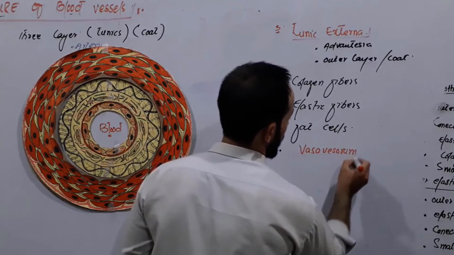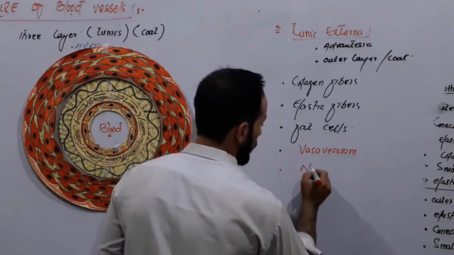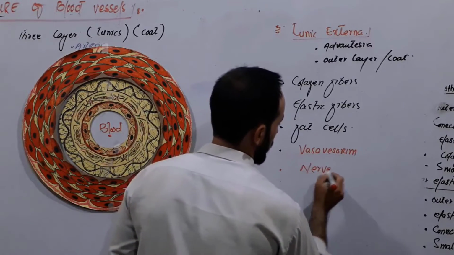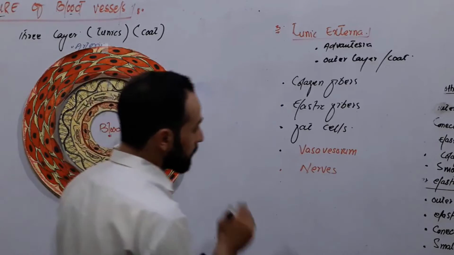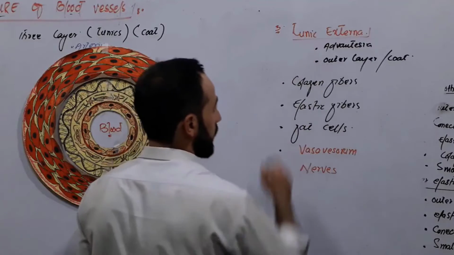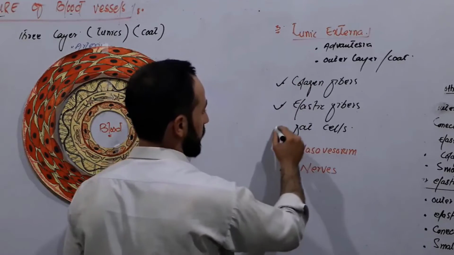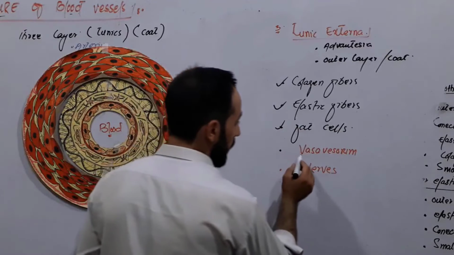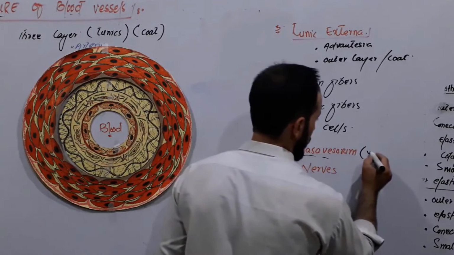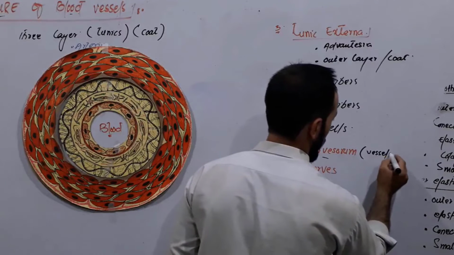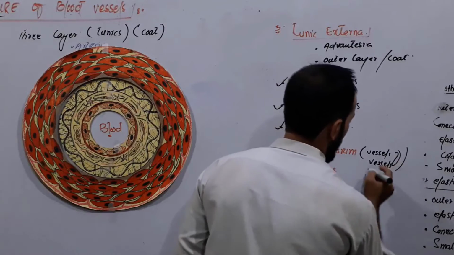And what are these? I will tell you now. Vasa vasorum. And then there are nerves. Nerves are also there, right? So in this layer, the tunica externa, it contains collagen fibers, elastic fibers, some fat cells, and the vasa vasorum, the vessels of vessels, right? Now listen carefully, what is their duty?